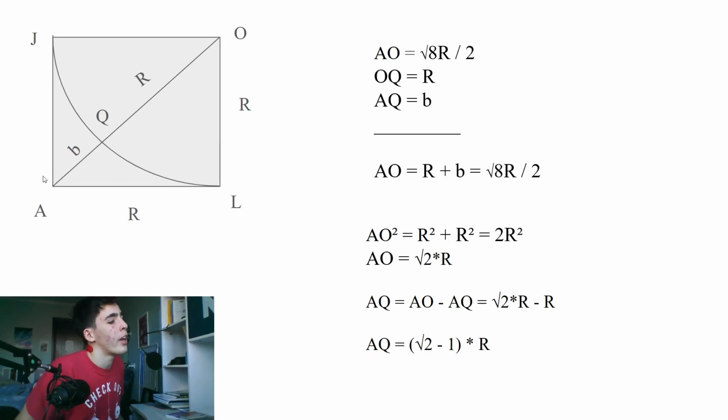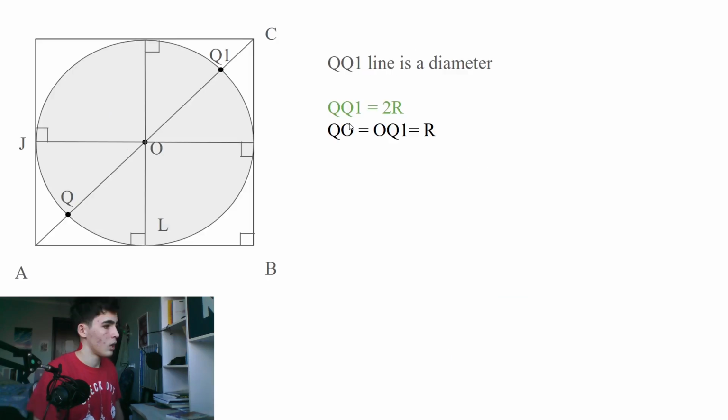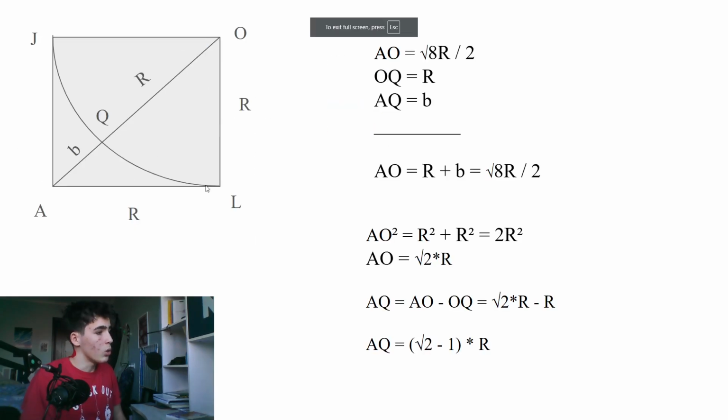Now we know what AO is, so we can just find AQ, the thing we're trying to solve for. AQ is equal to this half of the diagonal minus this radius, AO minus OQ. OQ is a radius. We can see this in here. OQ equals OQ1 equals R. So AQ equals AO minus OQ.